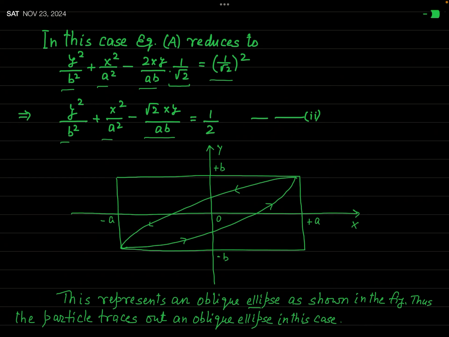You can check it when you take phi equal to pi by 4. The particle will move along this oblique ellipse, and this motion of the particle will be counterclockwise. So this is just like an elliptically polarized light, and so it is also called elliptically polarized vibration.